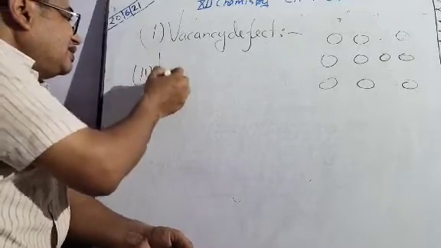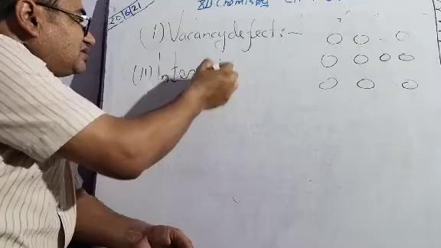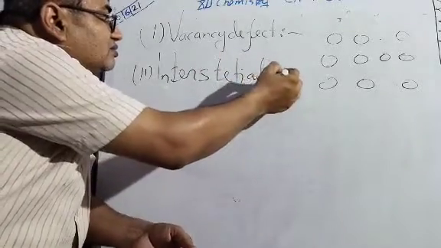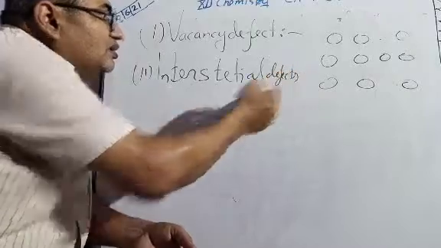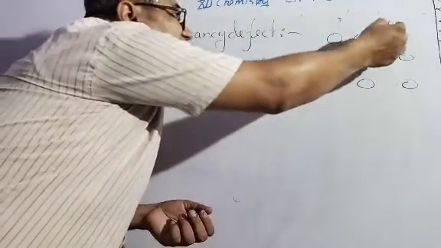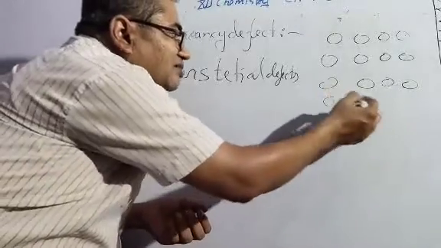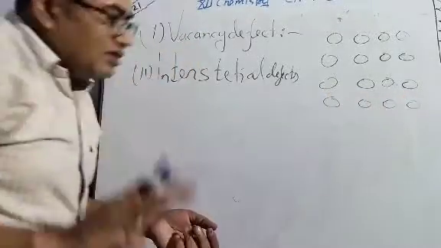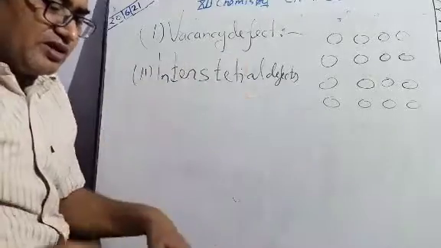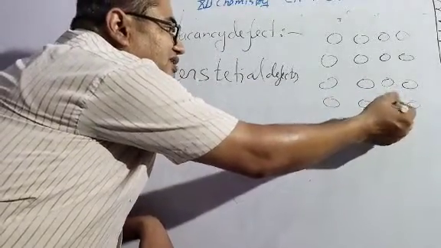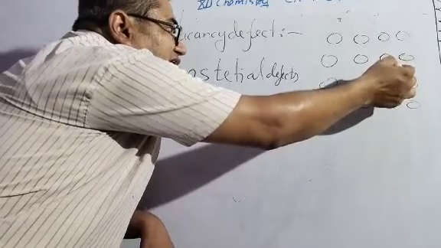Now, the second type is interstitial defect. Interstitial defect means these are the proper arrangement of atoms or ions. Some atoms or ions misplace from there, like they misplace and reach over here.